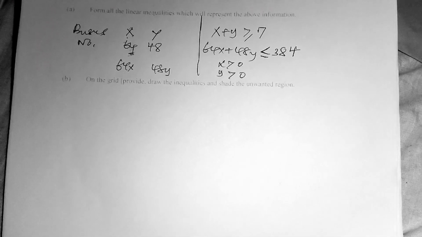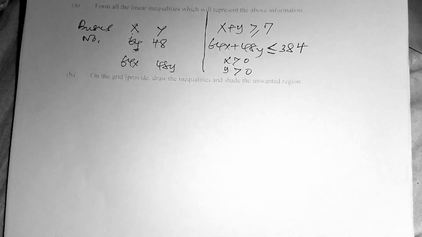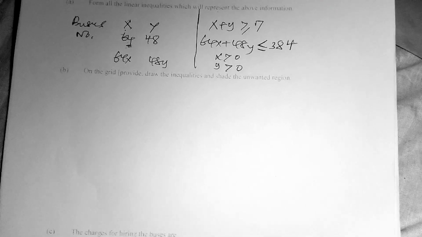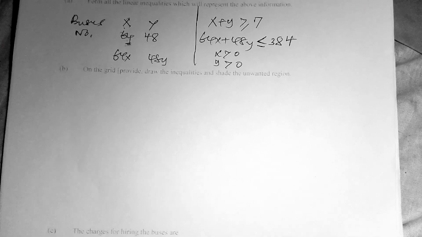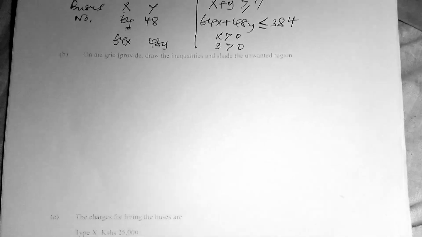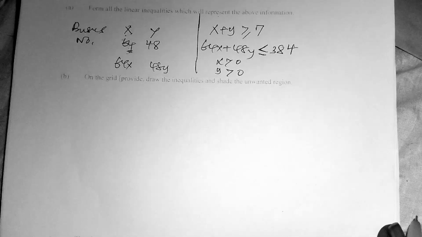So we are going to just do a sketch, but we don't have a graph to do that, but a sketch will suffice. It will guide you on how to draw these inequalities.